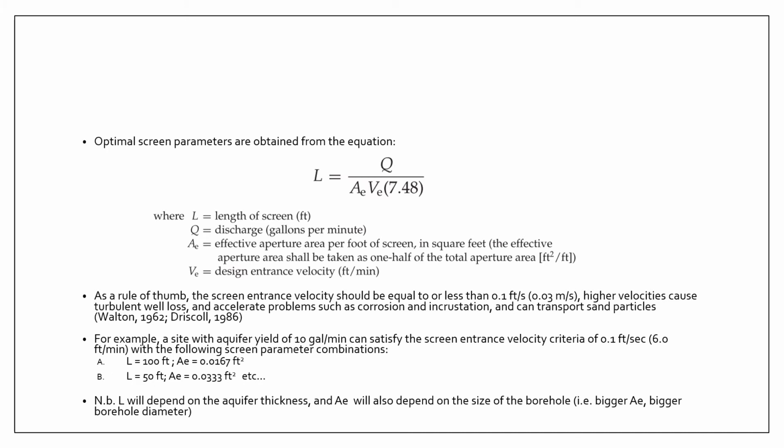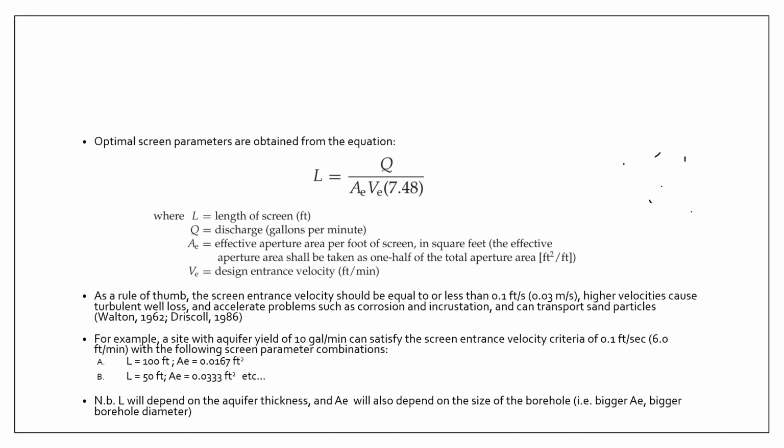All right. What we typically need is that the groundwater entrance velocity should be low, like 0.1 feet per second or approximately 0.03 meters per second. All right. This should be slow because high velocities will actually introduce turbulence, or more or less a random motion of your water particles.